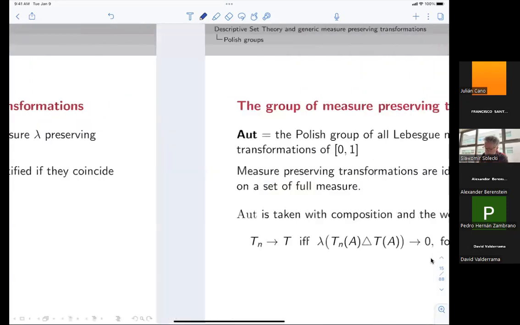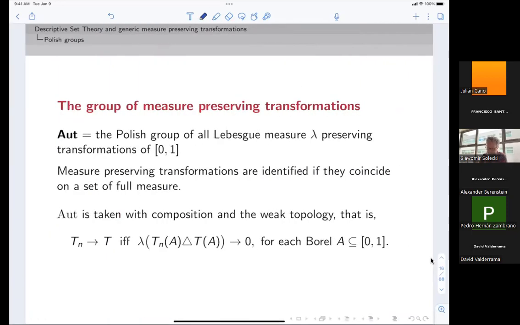Here, I should maybe say this is a group with composition as the group operation. And there is a unique Polish group topology on Aut. This group topology is what they call the weak topology, and it's a classical topology, very easy to define.